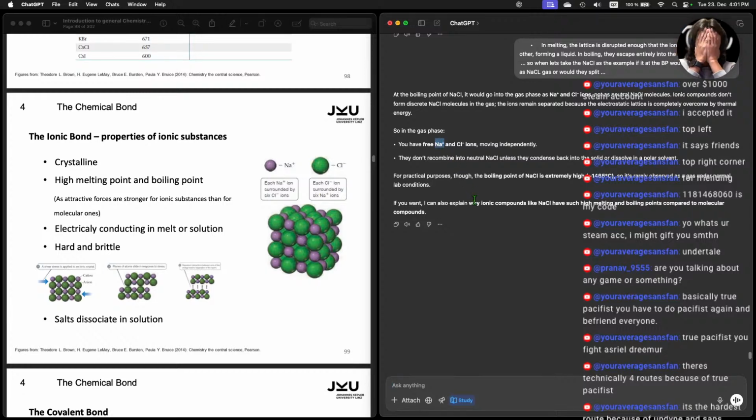So when it gains energy, it's still in the ionic form. I'm missing something. HCl, it releases energy. Then we give energy, it gets to the melting point.